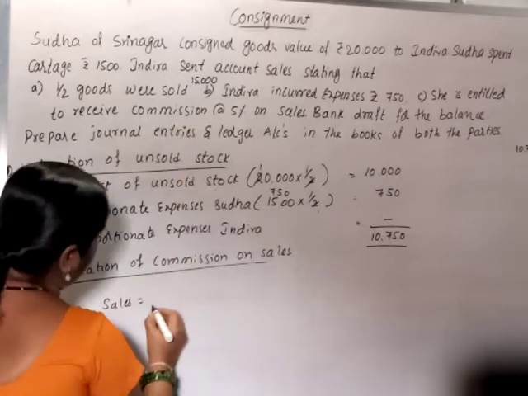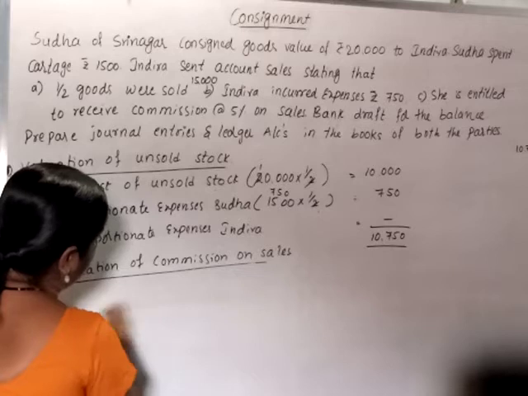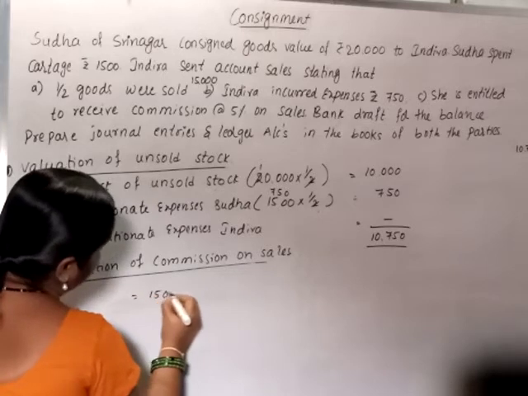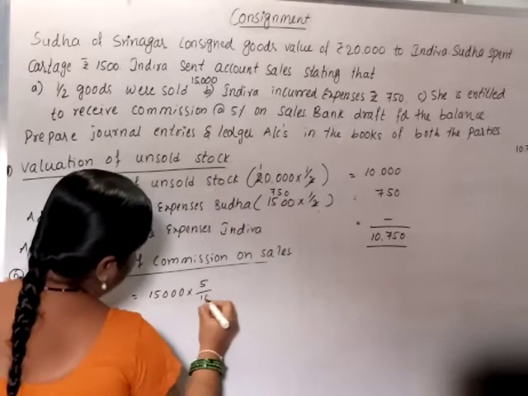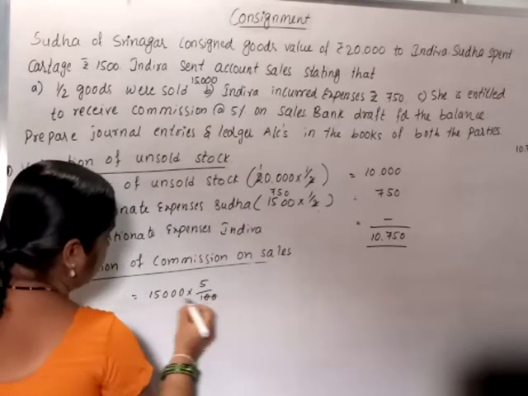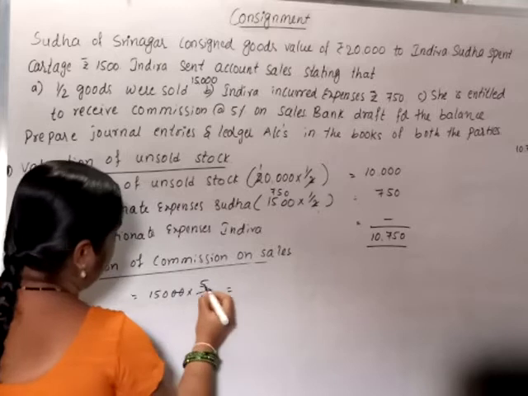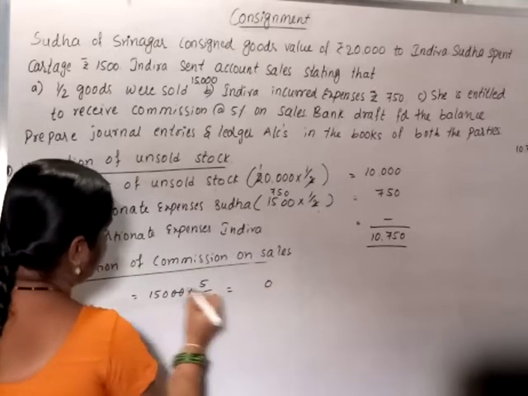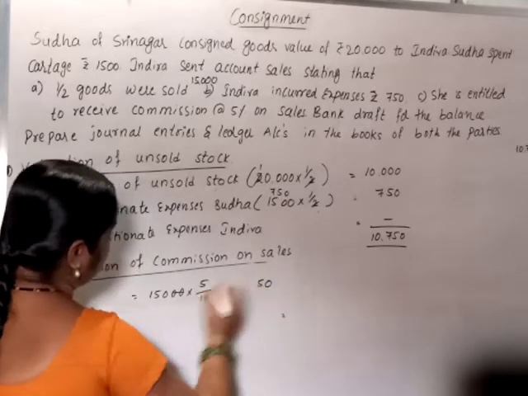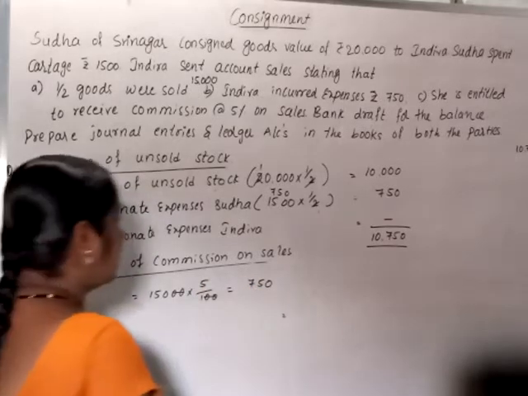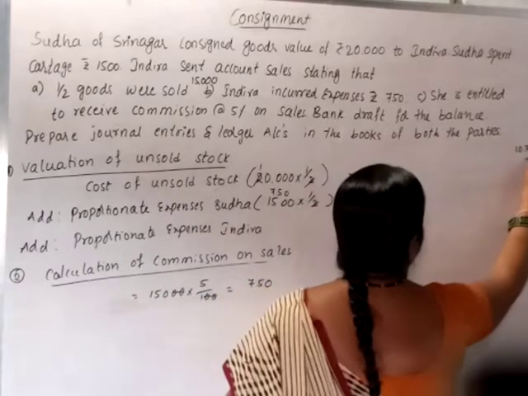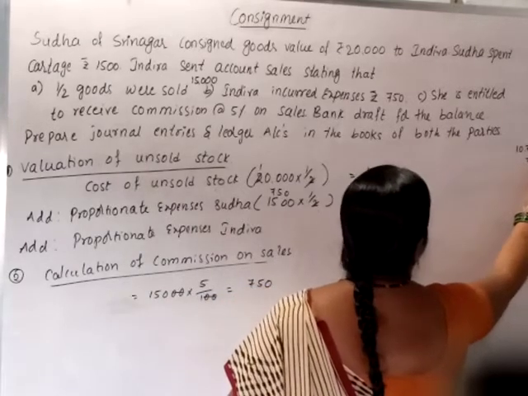Sales are 15,000, into the commission percentage of 5%. So 5/100, 2 zeros cancel. 5 5s are 25 and 2 is there. 5 1s are 5 plus 2 is 7. So what is your commission now? I am writing here 750 rupees is the commission.